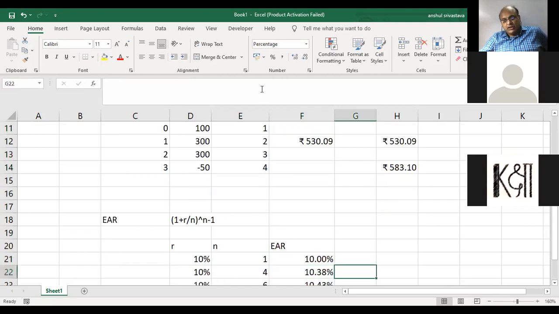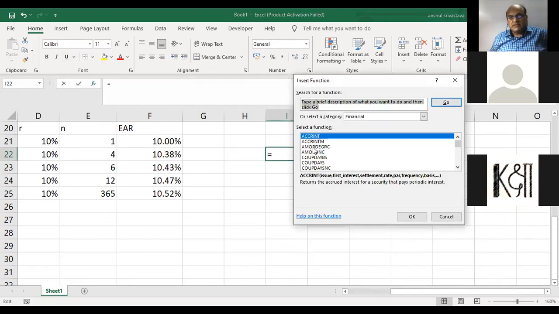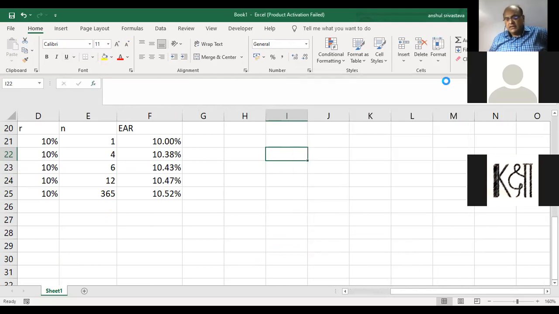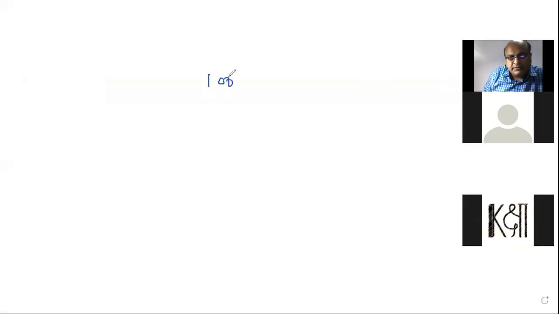But let me show you what I'm saying. If you have to calculate in Excel, let's say you are investing 1 lakh rupees, rate of interest is 10% and frequency of compounding is quarterly.